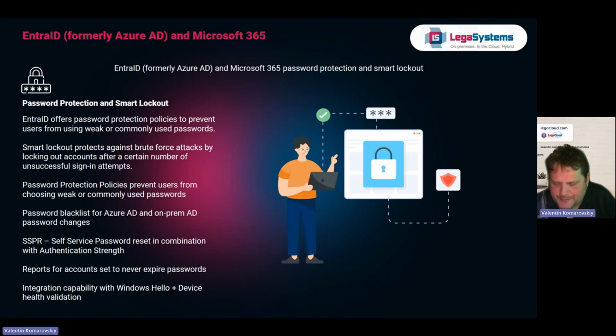You can customize it, but there are some that are built in by Microsoft. There is an agent that you can install on domain controllers to maintain that same list. That's helpful because there are a lot of passwords that will pass the Microsoft Azure AD complexity requirement, but at the same time will be too easy to guess.